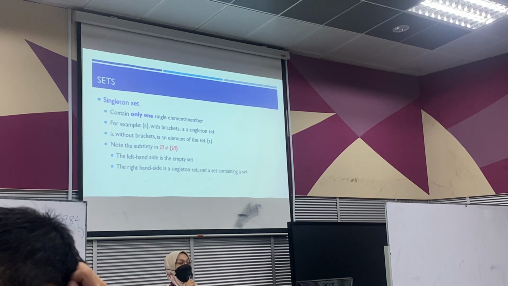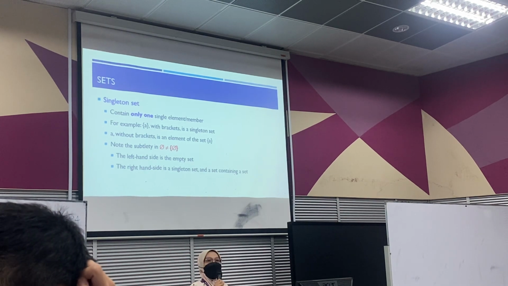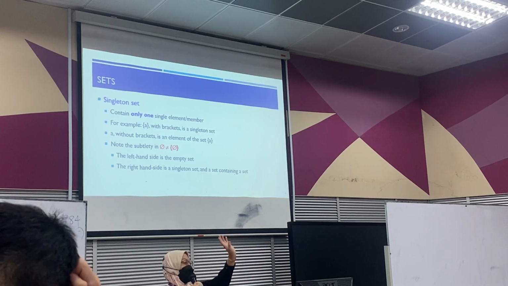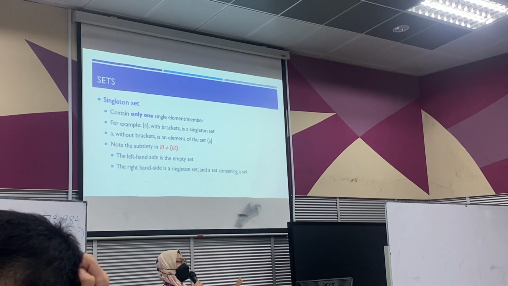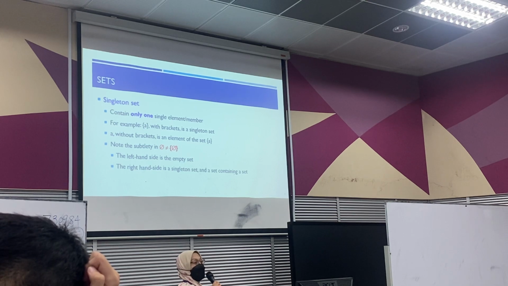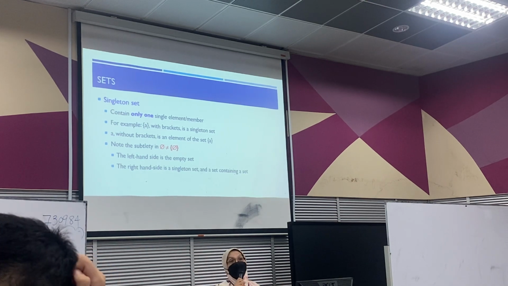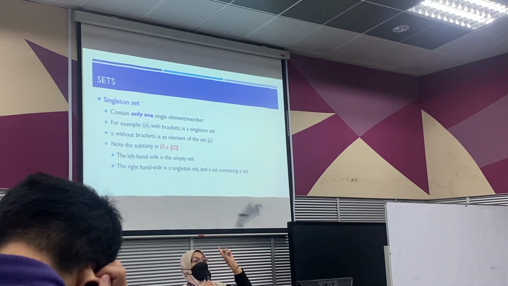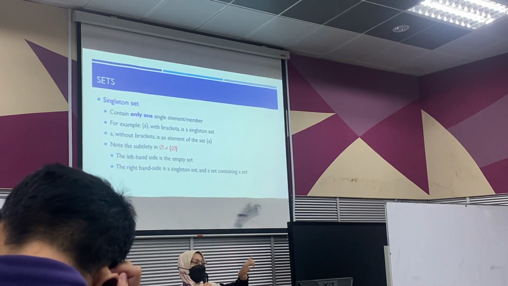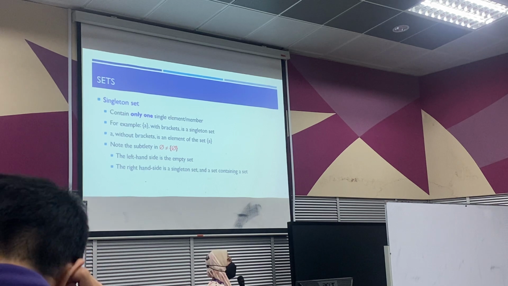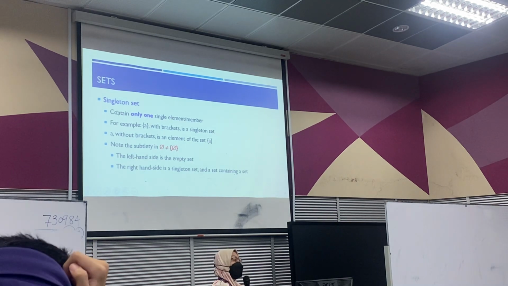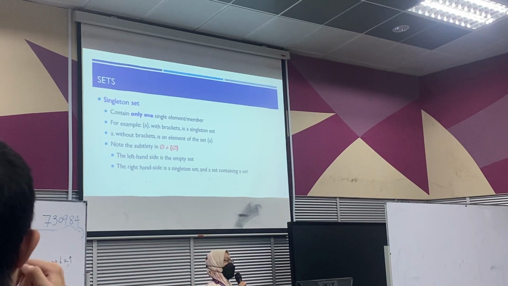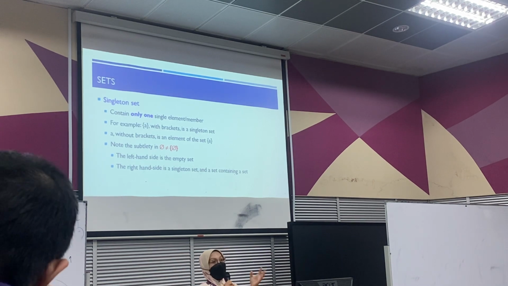There are cases where you are going to have a singleton set. A singleton set means you have one data only inside your set. So it's actually inside the curly braces. Singleton set is not an empty set.